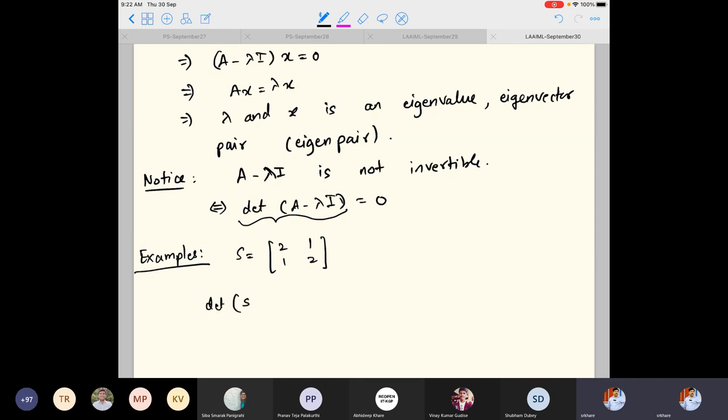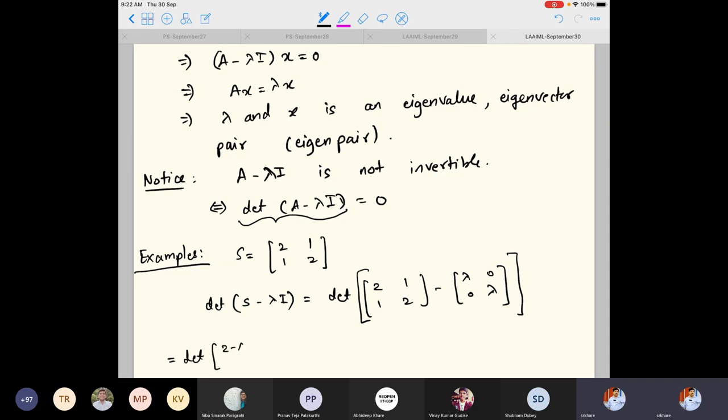We compute the determinant of S minus lambda I. S is [2, 1; 1, 2], and lambda I is [lambda, 0; 0, lambda]. We look at the determinant of [2 minus lambda, 1; 1, 2 minus lambda], which is equal to 0. That is the equation that we are looking at.